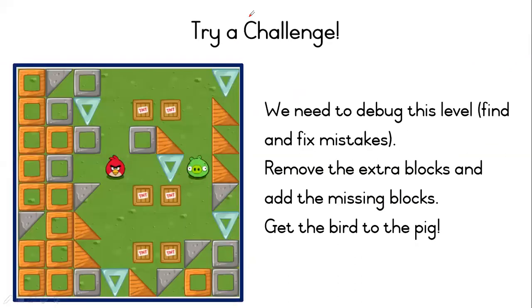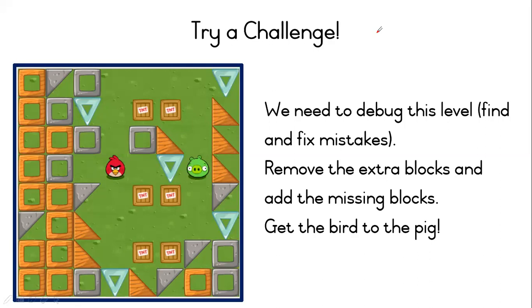Now today we are also going to try a challenge. We need to debug this level, and debugging means to find and fix mistakes. Code.org has already given us a code to follow, but there is a problem.